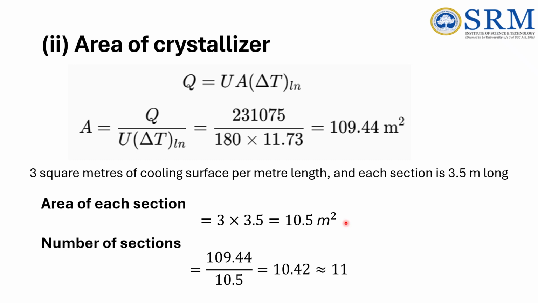So we should have one crystallizer of 10.5 meters squared. Then how many such crystallizers could be required to achieve an area of 109.44 meters squared? So you just divide 109 by the individual area of the crystallizer, and you will get approximately 11 sections. So to achieve the desired crystallization process, 11 sections of the crystallizer, each 3.5 meter long with 3 square meters per meter, have to be placed to achieve the desired crystal formation. Okay, so this is the second portion of the problem.